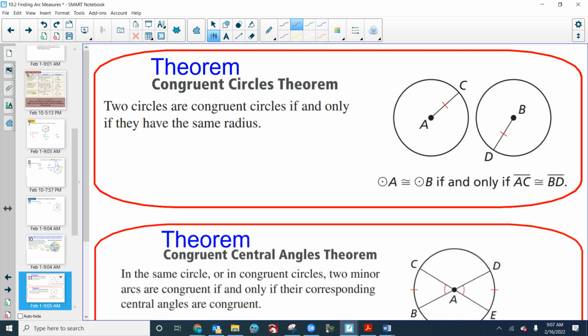All right. Congruent circles theorem. Guess what? All circles need to be congruent is to have the same radius or diameter, right? That's all that they are defined as. A circle has its radius.